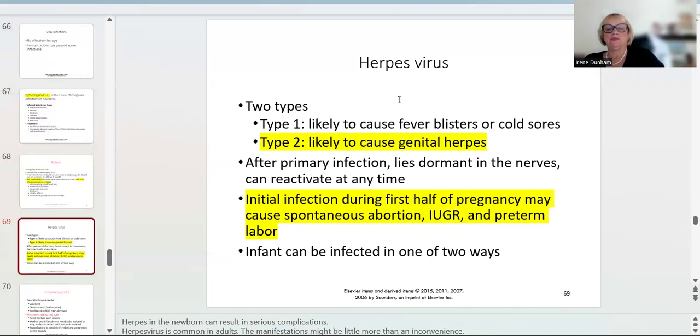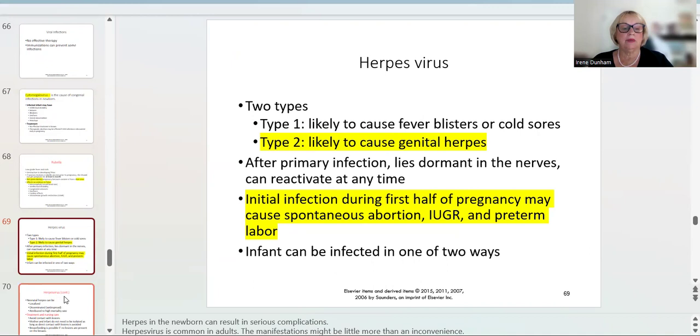I know if you have that, your baby has that, there's no way it can be compatible with life. What I want you to get from the herpes virus is that type 2 is genital herpes. If they have an outbreak, they cannot deliver vaginally. We'd have to go with a C-section, because you don't want a baby coming through a vagina that's infected with the herpes virus.